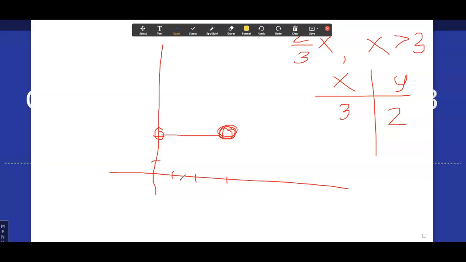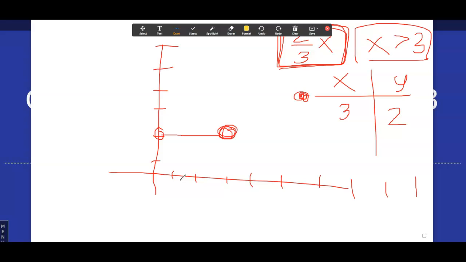But this is also an open circle, so we leave it open. 2/3 x is what type of function? Linear. So once you have a point on a graph, and it's linear, you go up 2 and over 3. Draw in a line. It gets an arrow because it's continuing forever.